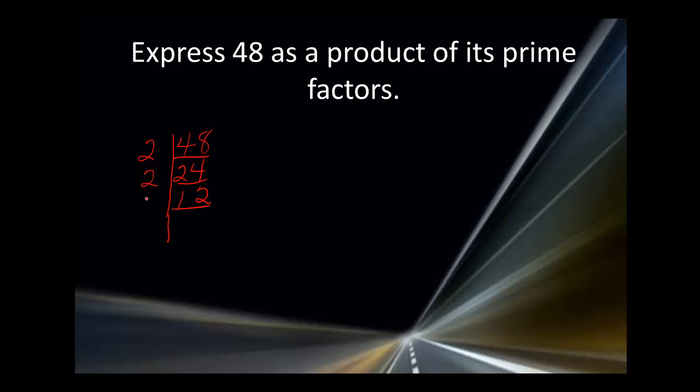Next, we will use 2 again. 12 divided by 2 is 6. We will use 2 again. 6 divided by 2 is 3. 3 is prime. So the product of the prime factors are 2, 2, 2, 2, and 3.